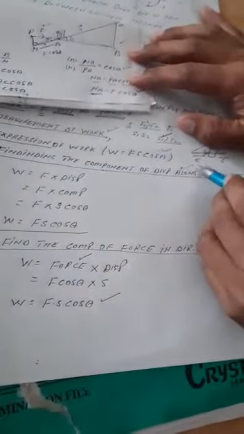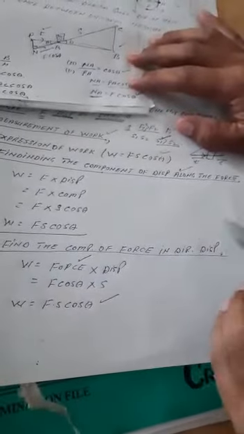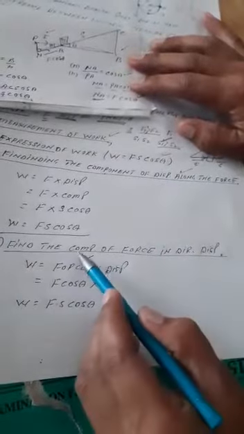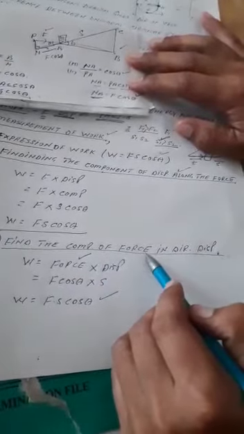So in this way you can calculate the work done by finding the component along the displacement or finding the component of the force. So either you can find the component of displacement or you can find the component of force.